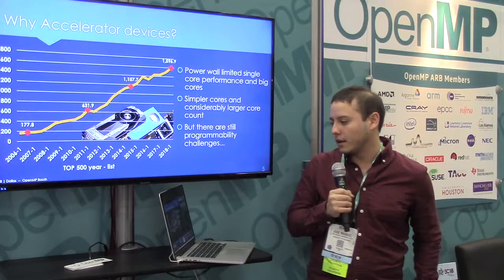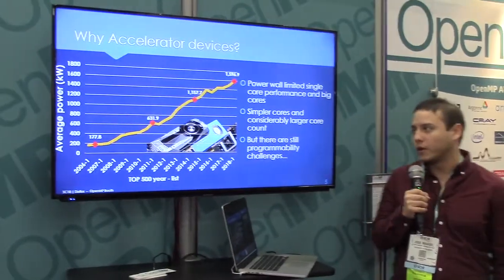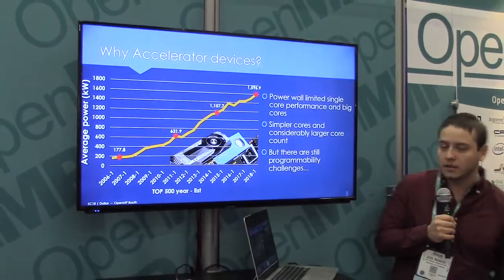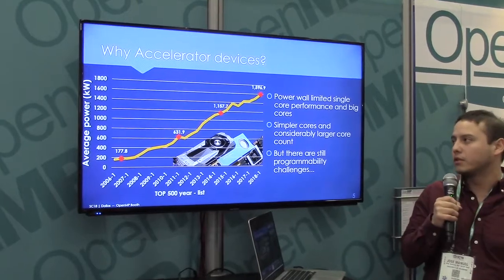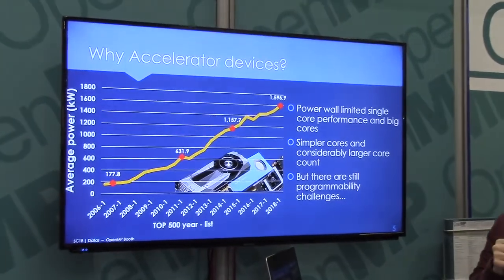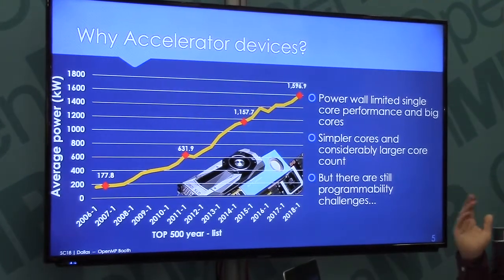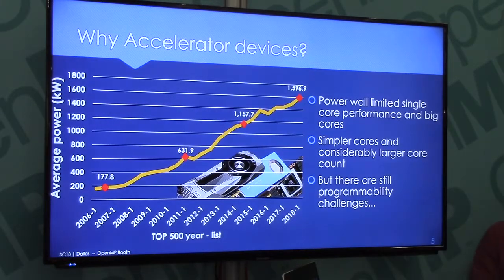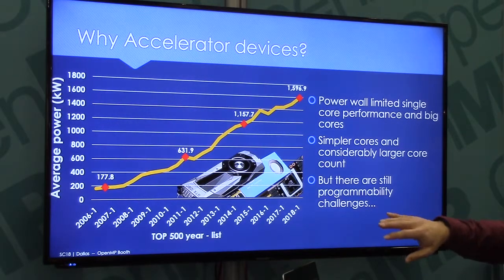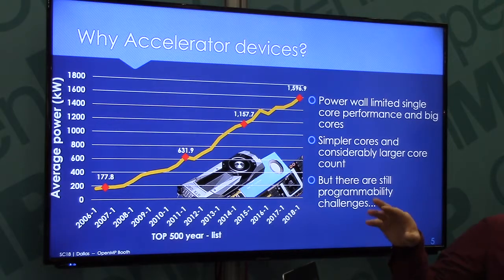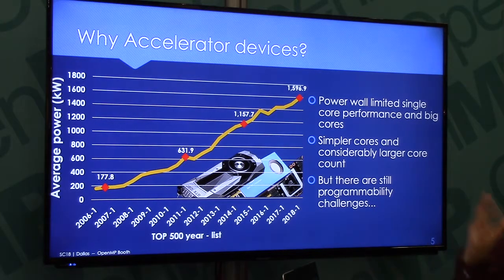So I'll start by explaining why we are so focused and interested in accelerator devices. I think this is no surprise for anybody who is coming to this conference, but we see an increase in the power usage. For example, in the Top500 list, we can see that the average power of the systems that do report the power consumption is actually increasing.